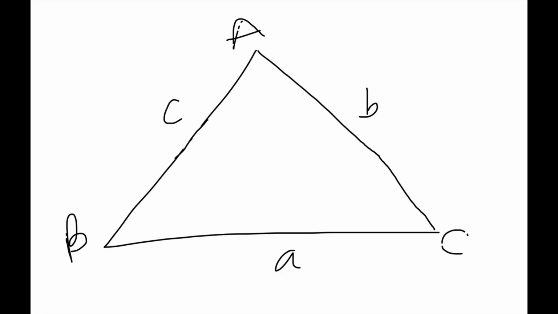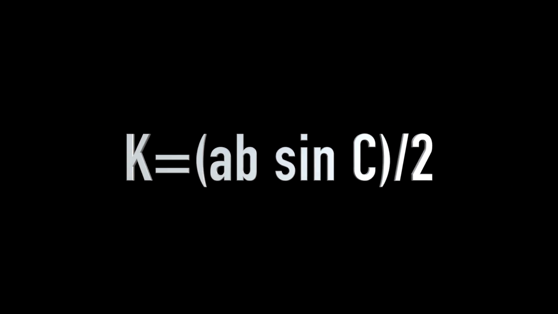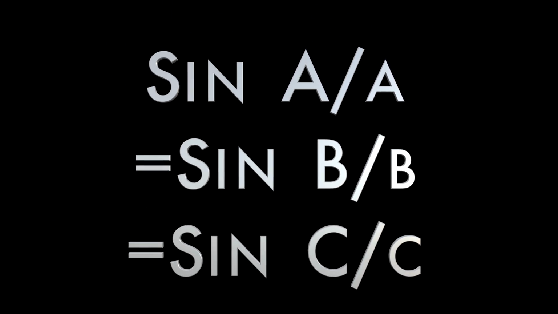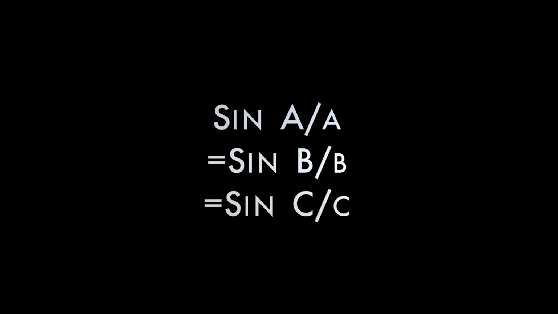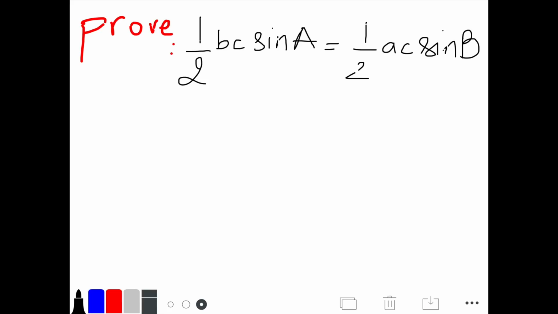Okay, in the previous sections, we got the formulas for the area of the triangle, and how we can get the law of sines. So now, how do we prove that? We use the formulas for the area of the triangles, and we get the formula.